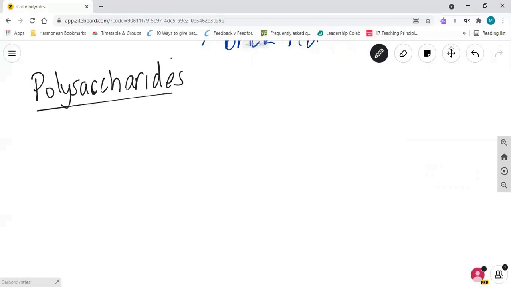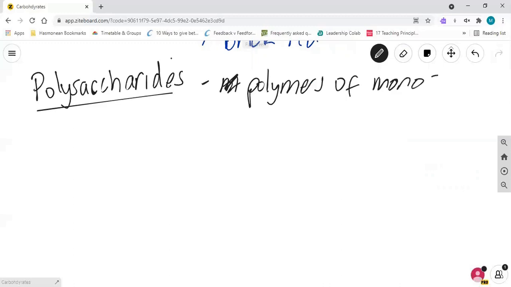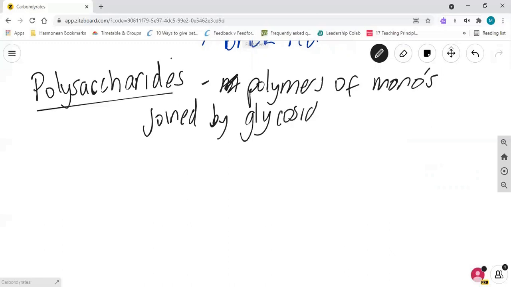Our polysaccharides are polymers of monosaccharides, normally glucose, joined by glycosidic bonds formed in condensation reactions.